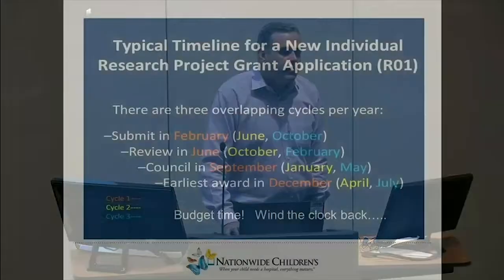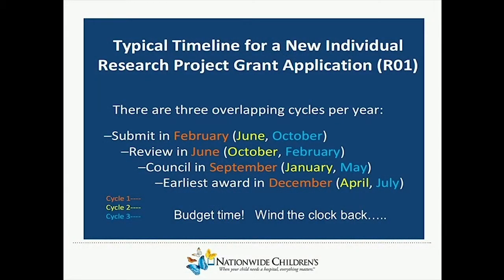Now, the NIH funds things in cycles, and the typical cycle for Ks and Rs is 3 times a year. And you would submit, let's say, in February. That grant would be reviewed in June. And the council of that institute, which draws the funding line, meets in October.